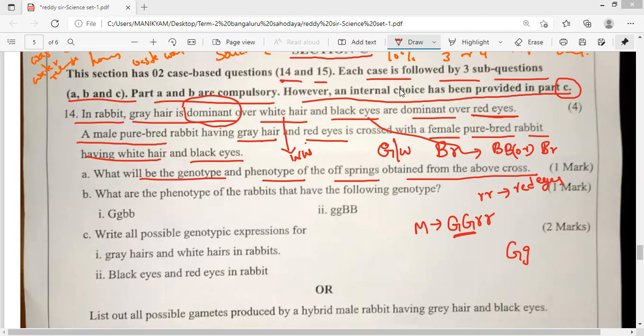All gray hair and red eyes only will come. Why? Because the father is having the dominant gene. Gray hair is dominant, and the red eyes is normal. Black eyes won't come. Why? Because of F1 crossing, correct.